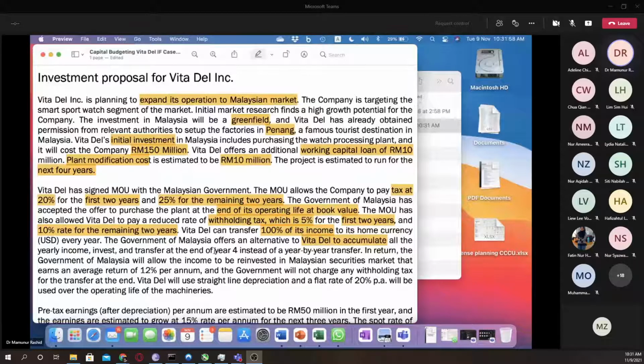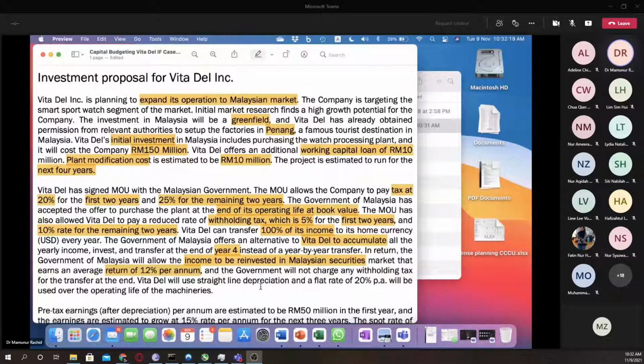So instead of transferring every year, Vitadel has been given an option by the Malaysian government that you can transfer everything at the end of year 4. In return, the government of Malaysia will allow the income to be reinvested in Malaysian securities market that earns an average return of 12% per annum.